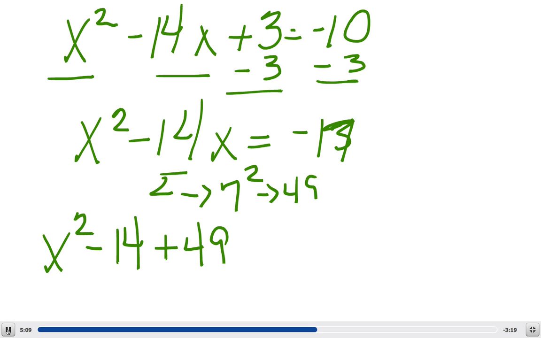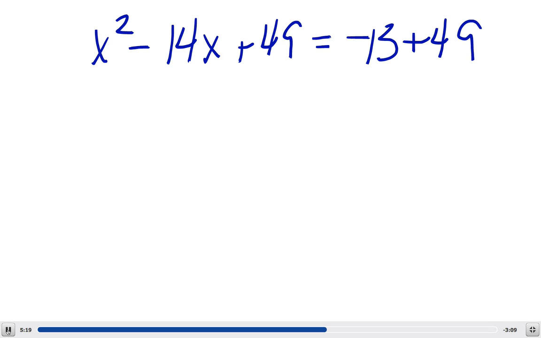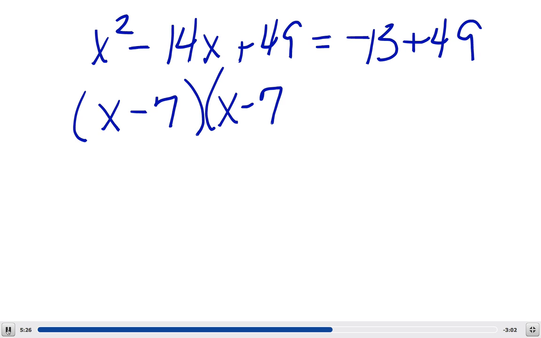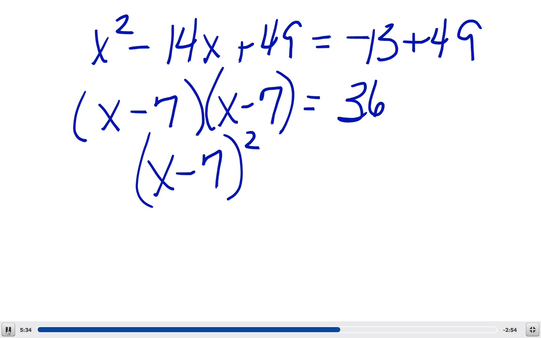Now, remember back to the algebra, what you do to one side, you have to do to the other. So if I have a negative 13, I now need to add 49. So when I simplify it, I can rewrite now as x minus 7 times x minus 7 is equal to 36. So that means that x minus 7 squared is equal to 36.